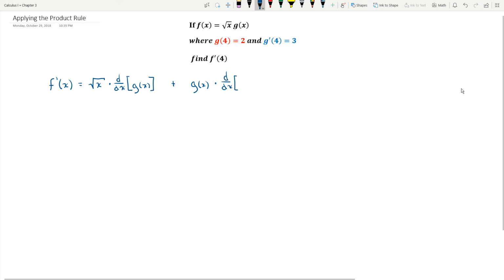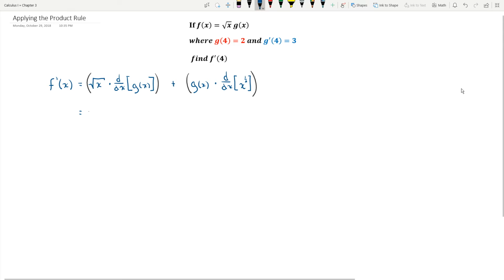And instead of square root of x, I'm going to write that as a power. So we will have x to the 1/2. And I always like to just put my parentheses around these sets. In this case, it's not truly necessary, but just a good habit.